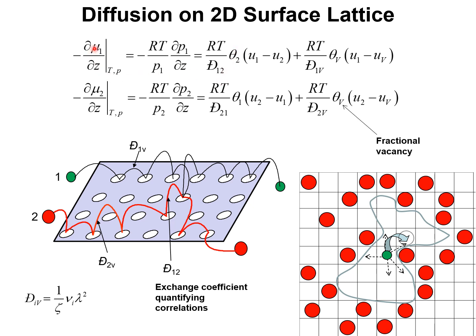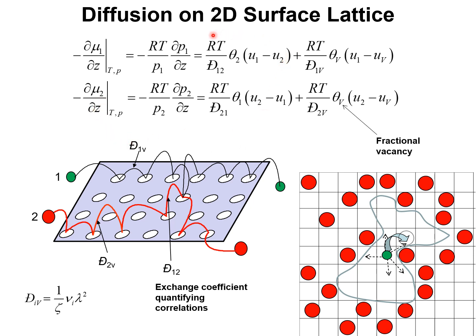If species 1 is the more mobile molecule, its mobility is retarded because of the slow vacation of adsorption sites by the tardier partner, species 2.